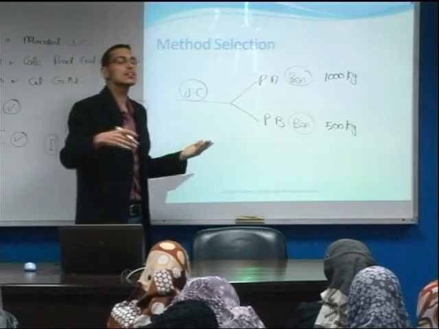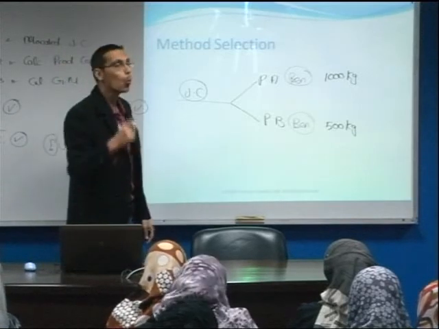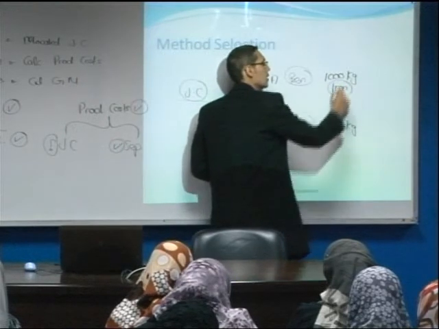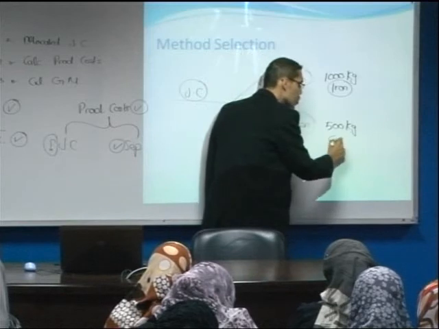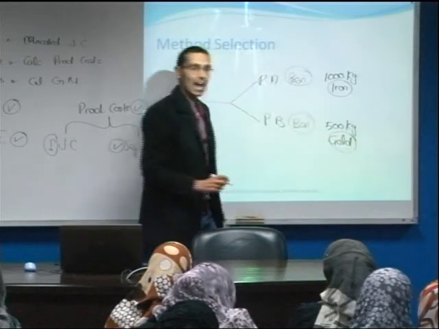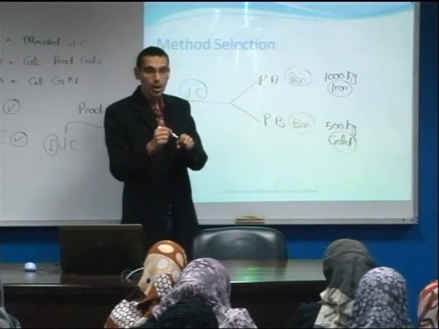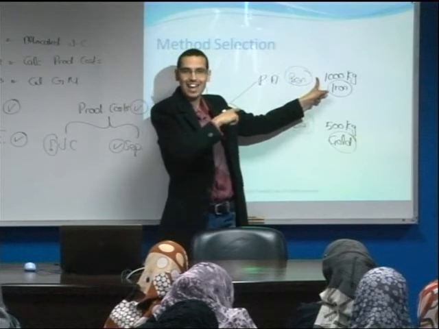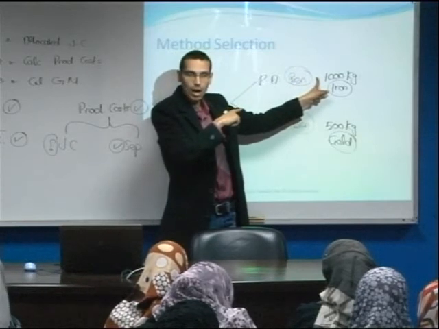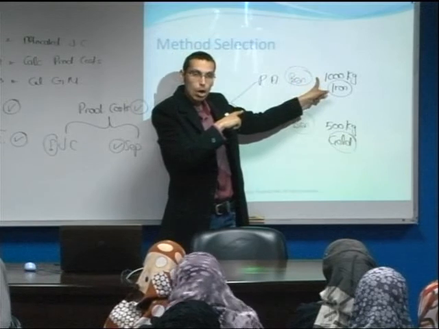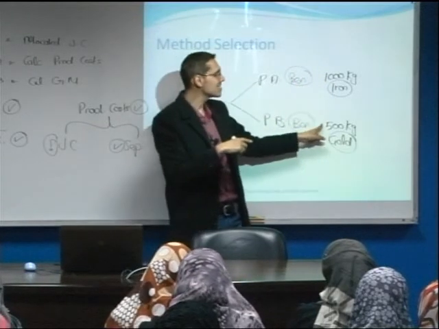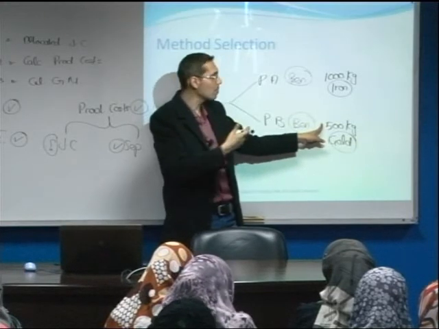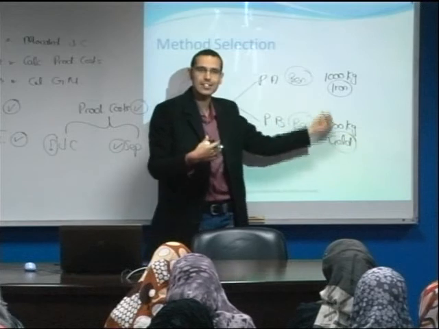Correct? Let us make it more simple. What if product A is iron and product B is gold? According to the physical measure, we are going to allocate more costs to product A. Why? Because it has the larger amount of the physical attribute, while product B has less, the amount of kilograms, therefore it would be allocated less.